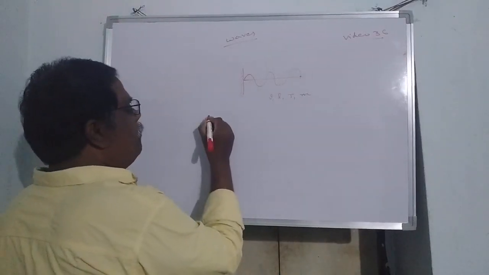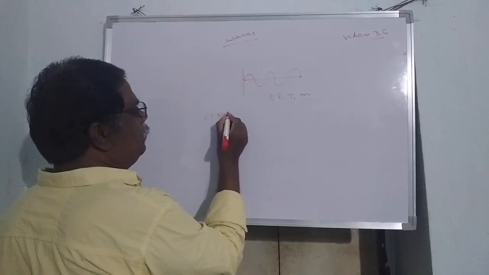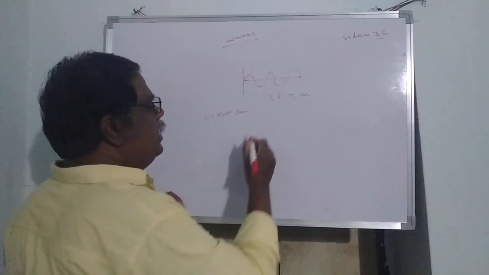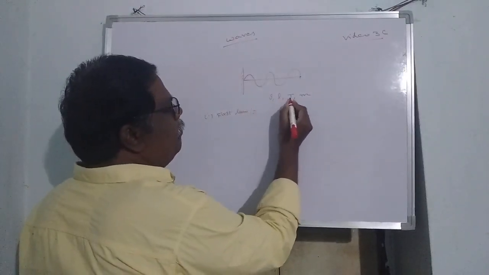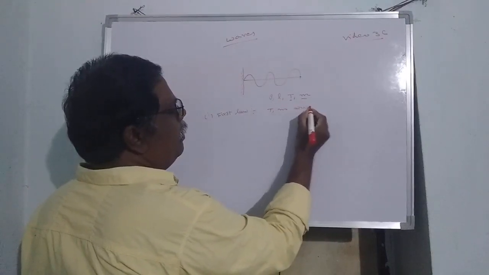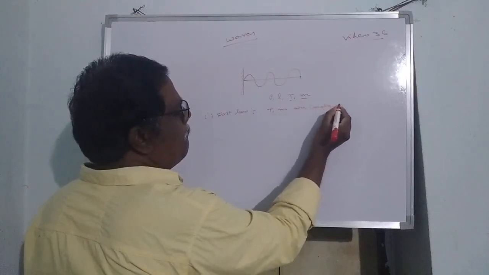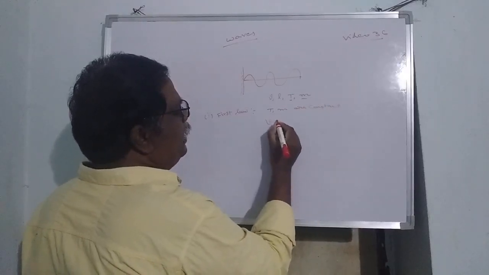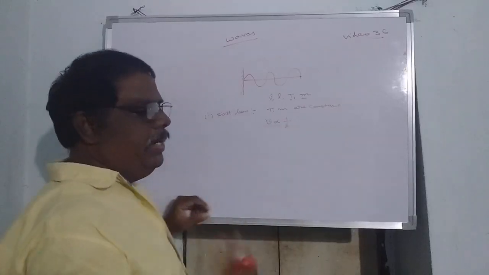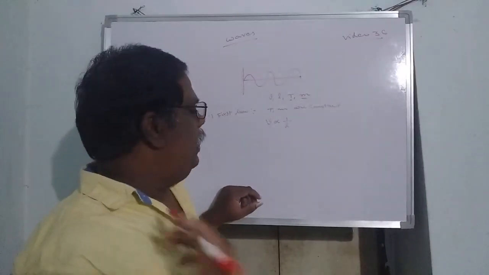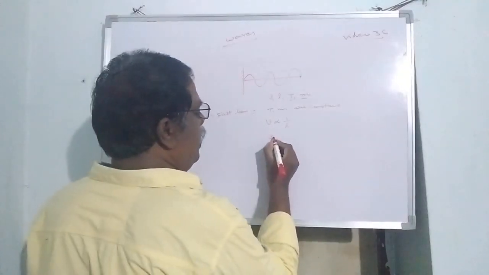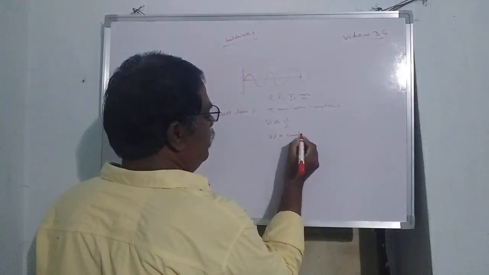So what is the first law? First law of transverse waves of a stretched string: when tension and linear density are constant, T and M are constant, the frequency is inversely proportional to the length of the stretched string, or mu L is equal to constant.